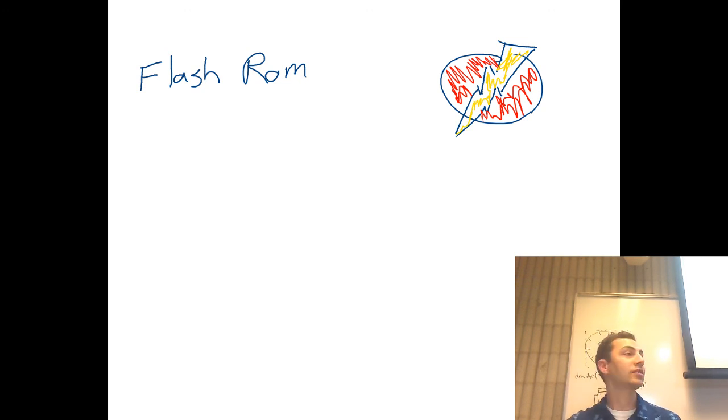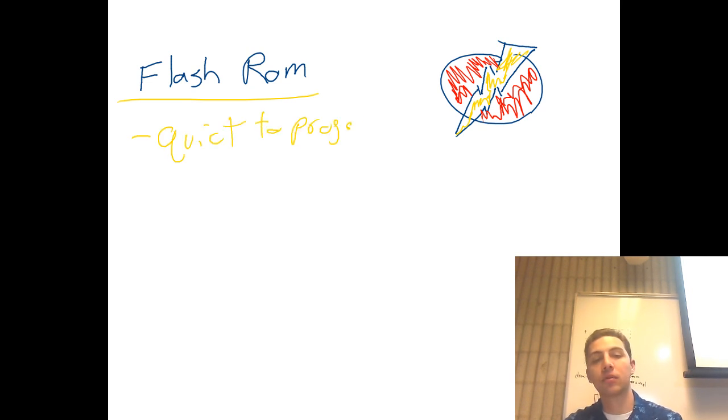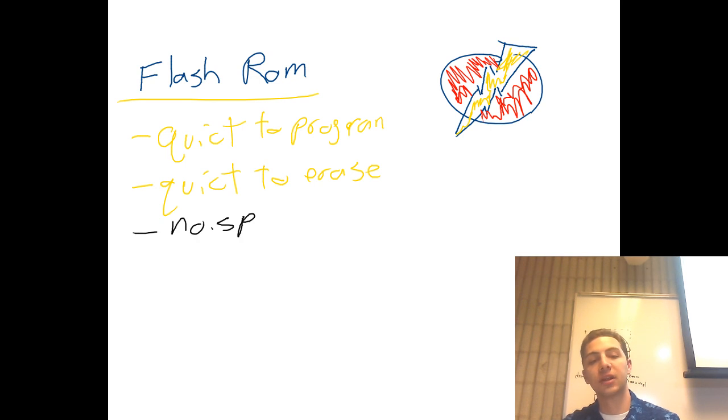The flash? What's the flash known for? Speed. It's known for speed. Flash ROM is really neat. It is quick to program. It's quick to erase. No special programmer.